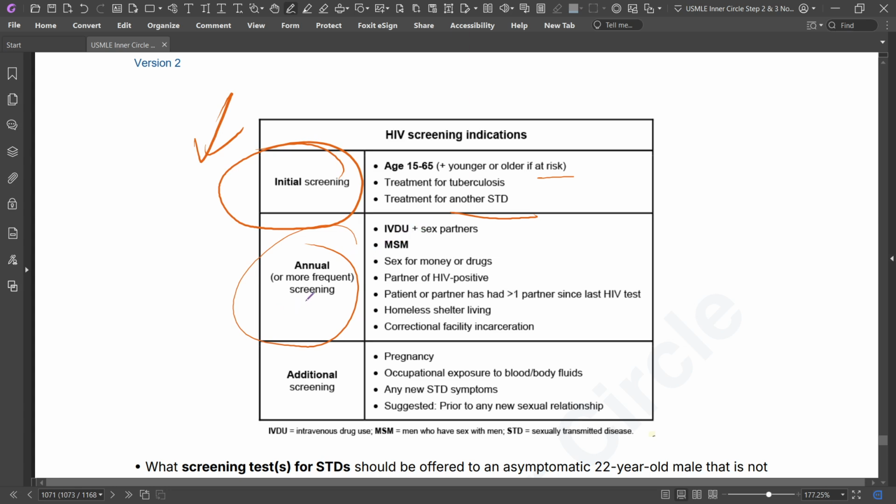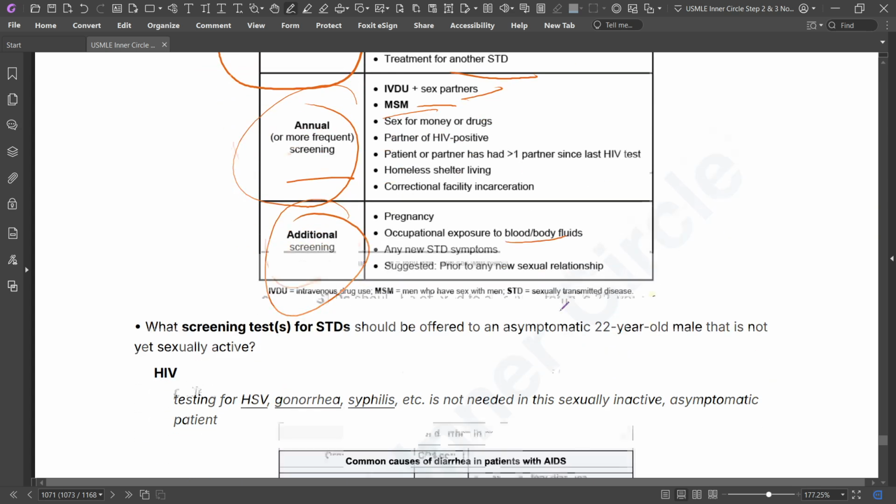Annual or more frequent screening is for IV drug abusers, sex partners, men who have sex with men, and those who have sex for money or drugs. Additional screening is done in pregnancy, occasional exposure to blood or bloody fluid, and any new STD symptoms.